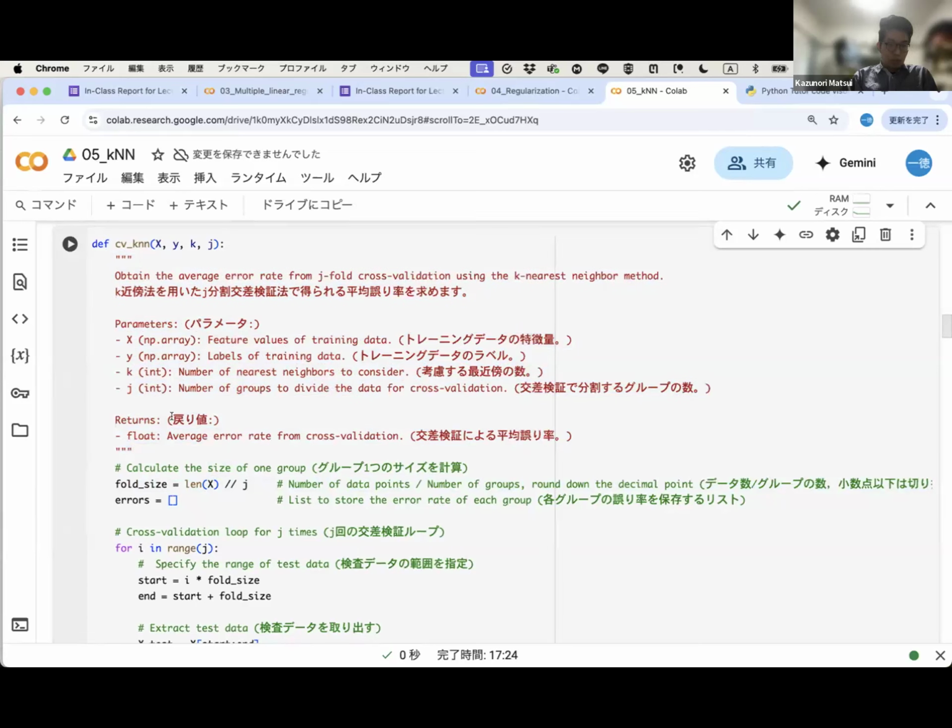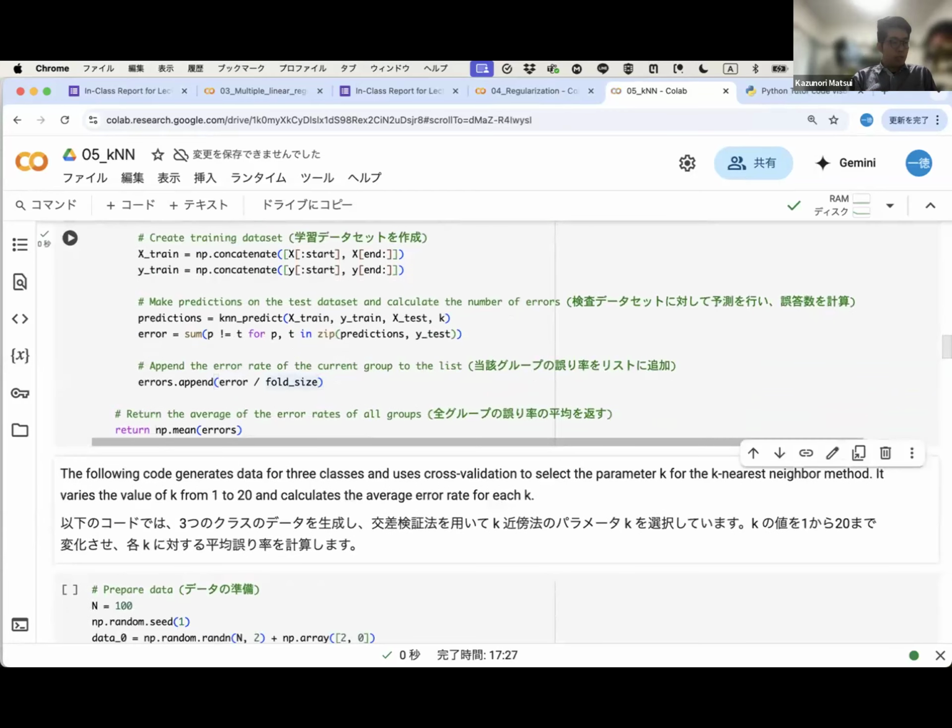First, we divide the data by j to split it into j groups. Using double slash performs integer division, which means we are truncating the decimal point.